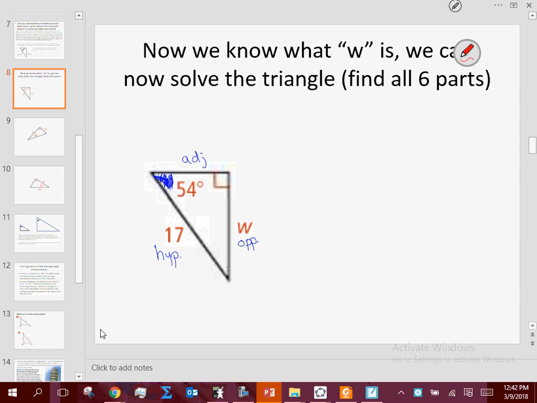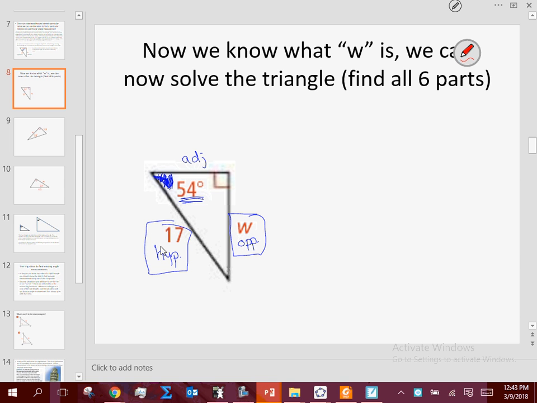Okay? Now, if you're solving for W, you have to use the angle that you just labeled all the sides off of or in respect to. You're solving for W, so W has to be in your equation. What is the only other thing up there that you can put in your equation? 17. Okay? So you need an angle and you need 2 sides. One of those sides is going to be what you're solving for, and the other side is going to be the one that you know.